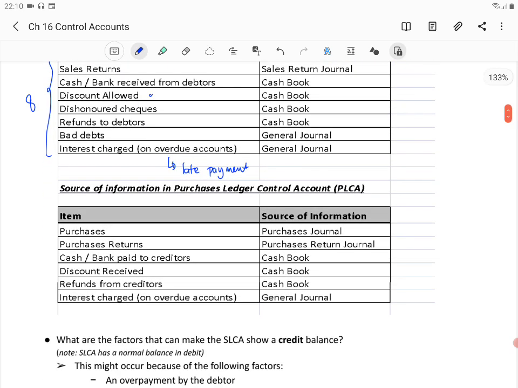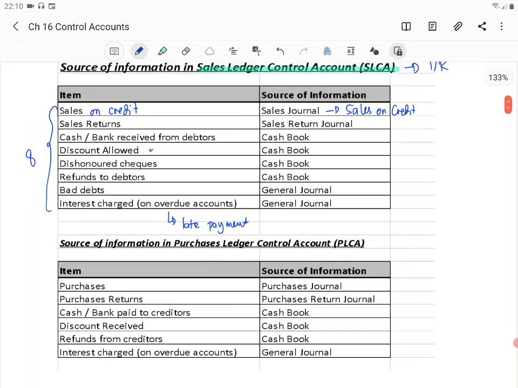Next is PLCA, representing purchases ledger control account. Purchases ledger is TP, trade payables. Okay?